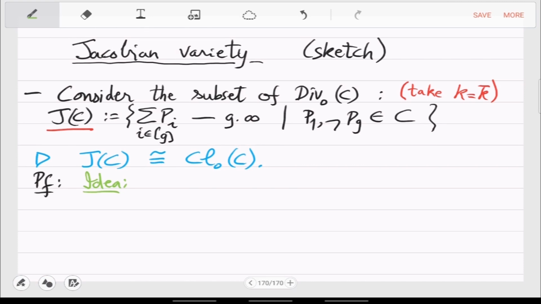So for any divisor, I'll call it d gamma. Think of gamma as an index parameter.